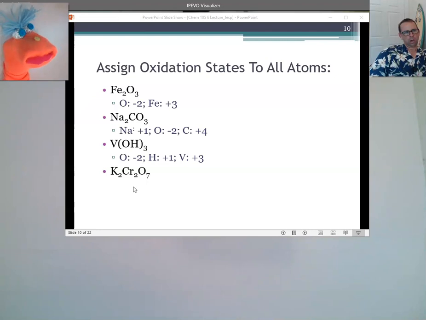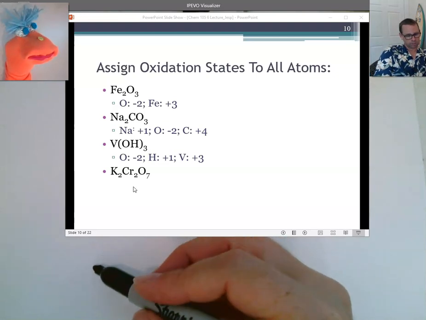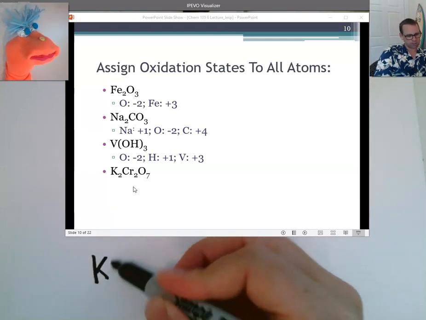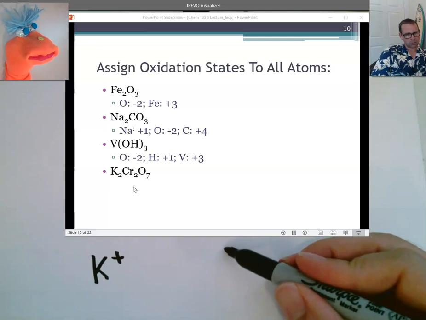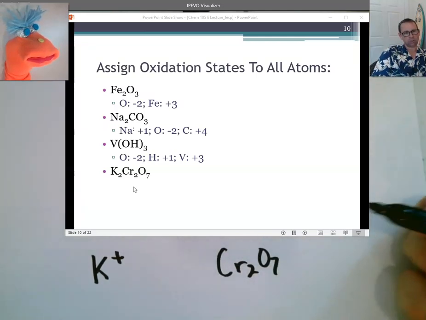Well, I remember this now from high school, I think. And can you separate the cations from the anions? Because I feel like that's what we did. Yeah, that's not a problem. So you want to separate them? I like that better. All right, so if we just say we have a potassium ion and we have Cr2O7, the dichromate ion.